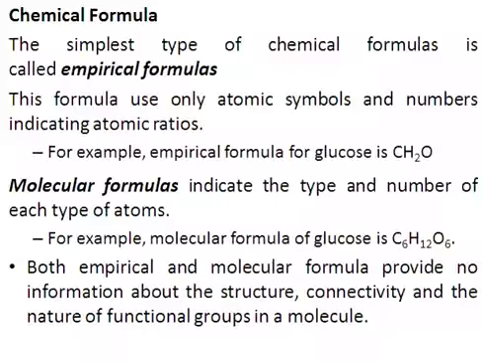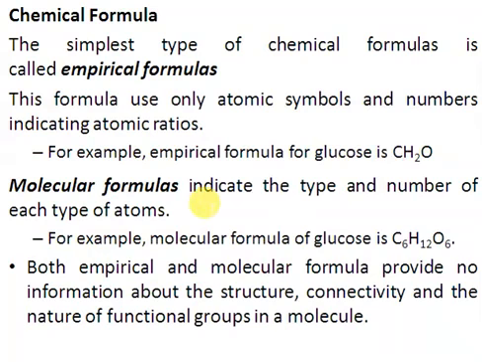So chemical formulas are basically of two types. The simplest type is known as the empirical formula, and the empirical formula only describes the atoms in their simplest atomic ratio, right? So if you have a molecule of glucose, then the empirical formula for glucose is CH2O, right? So the empirical formula is not giving you the exact number of atoms of each type. Instead, it is giving you the simplest ratio between these atoms.